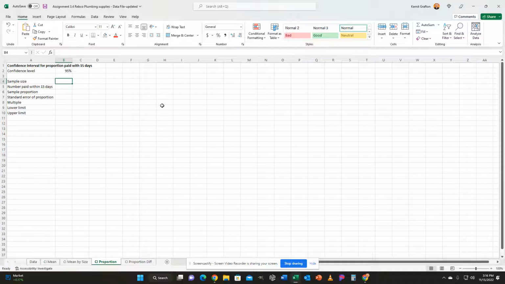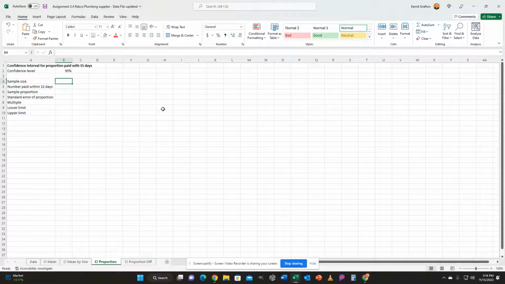The first thing it wants to know is the sample size. Then we're going to look at the number paid within 15 days. From that, we're going to calculate the sample proportion, the standard error of the proportion, the multiple, and the upper and lower limits for our confidence interval.